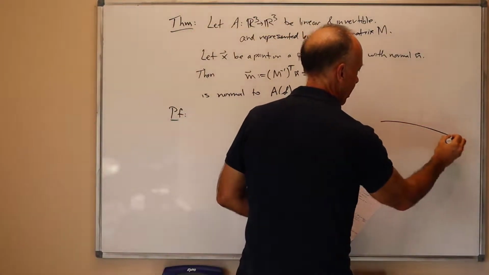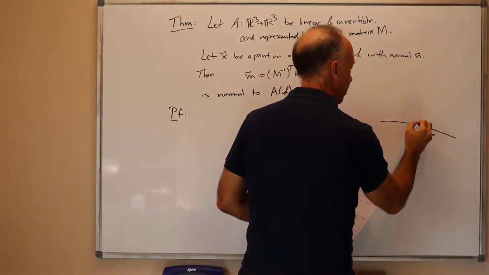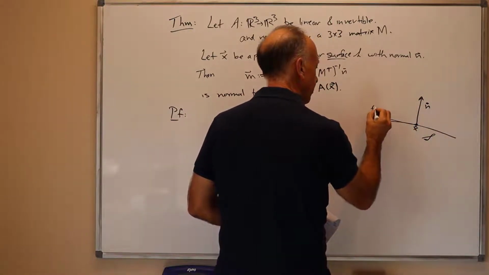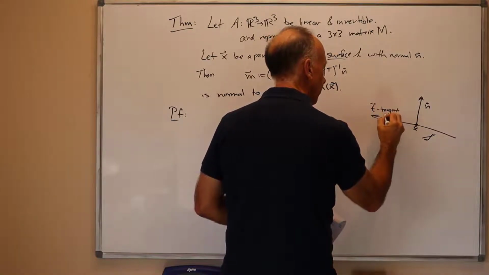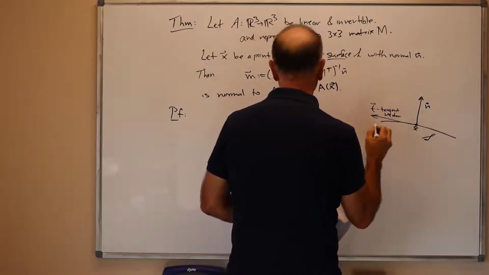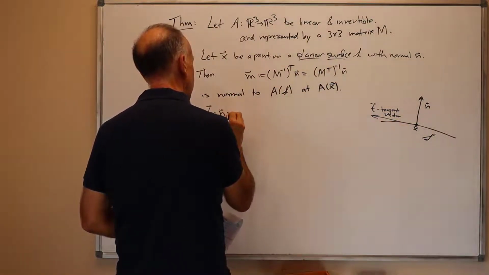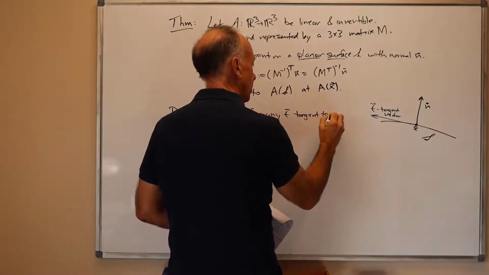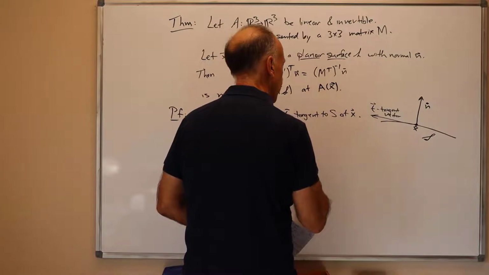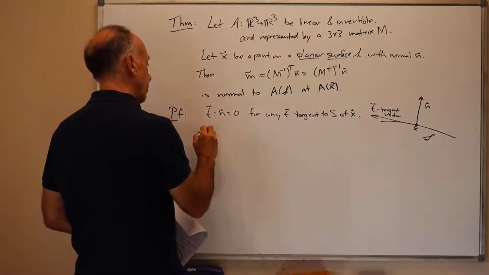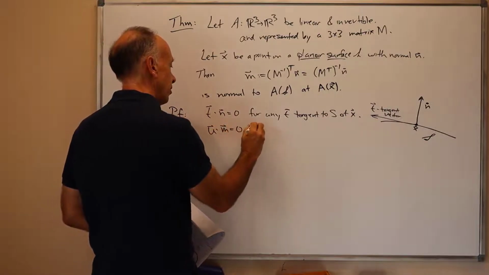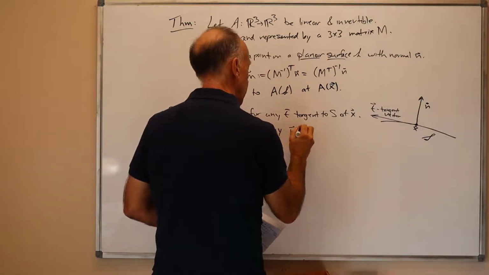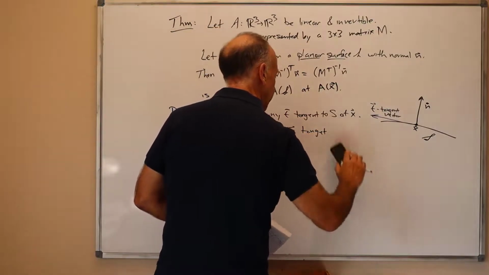So if I've got my surface here, S, and a point X on it, and a normal N, the key property here is if you take any tangent vector T tangent to S at X, then T dot N equals 0 for any T tangent to S at X. And likewise for M, we have that U dot M equals 0 for any U tangent to A of S at A of X.